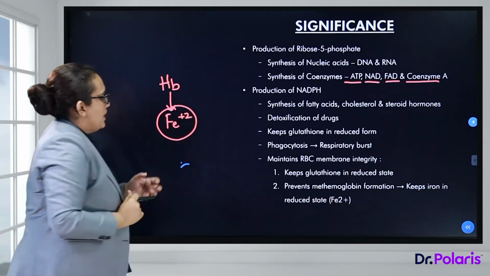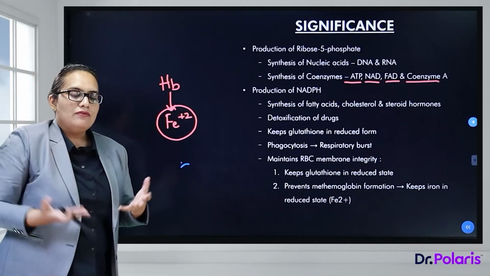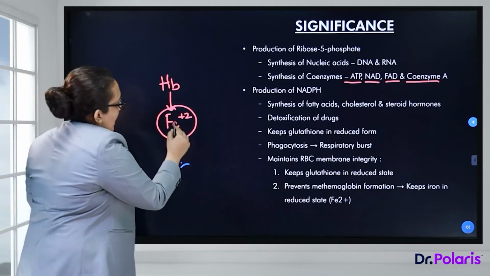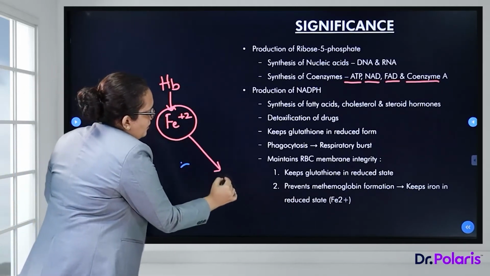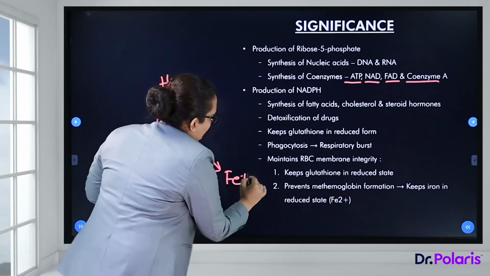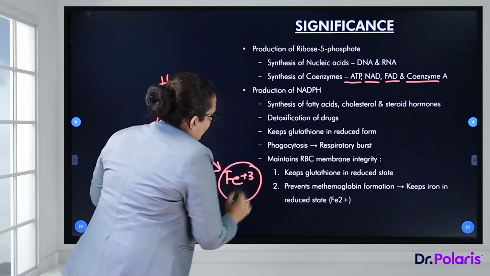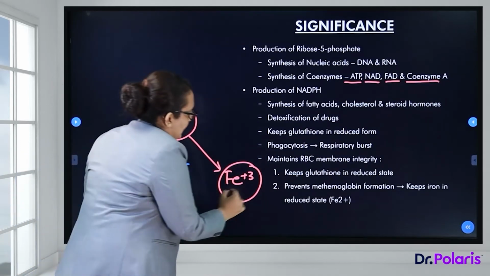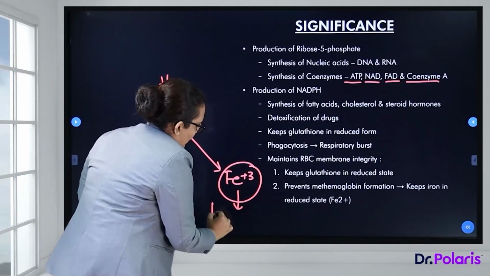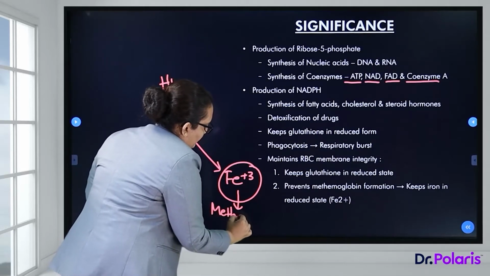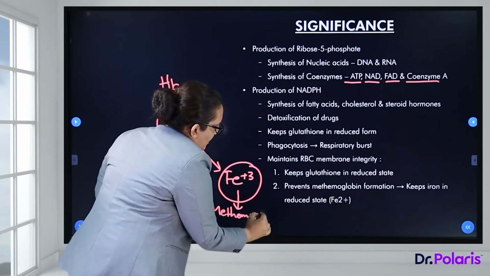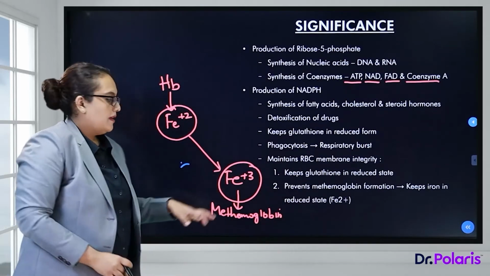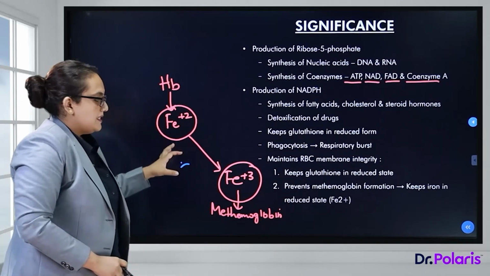At certain points, maybe in the presence of drugs or some kind of phenomena, the iron can get oxidized to Fe3+. The presence of Fe3+ is quite bad and can lead to the formation of methemoglobin, where the oxygen carrying capacity of hemoglobin decreases.